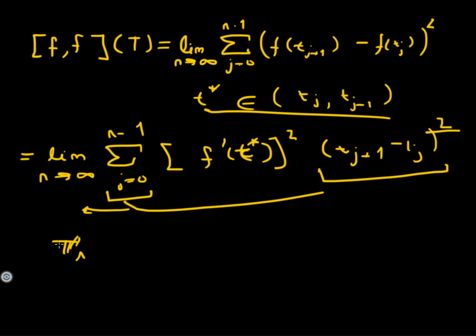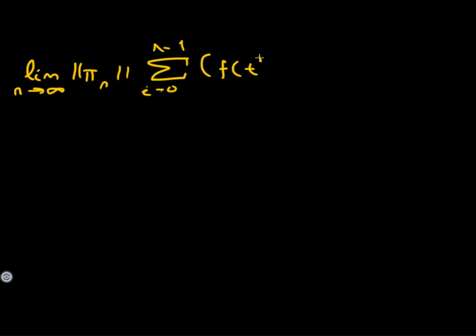So what we get is the limit as n tends to infinity of pi n times the summation from j equals 0 to n minus 1 of f prime of t star j squared times (t_{j+1} minus t_j). As you can see, it's no longer the square. Alright, so we attained this. Now, what is this?